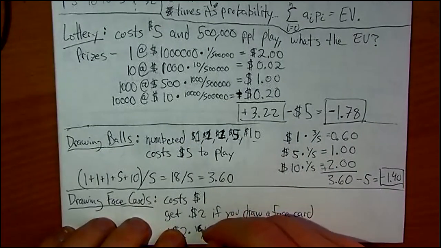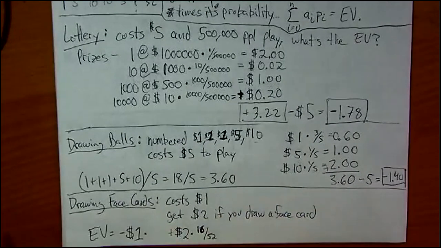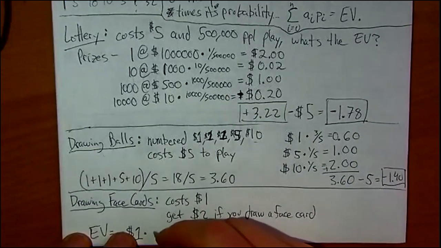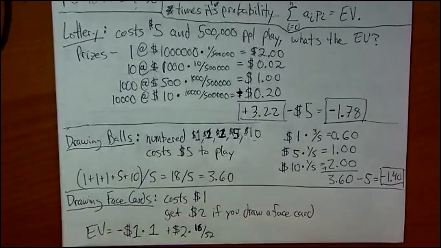I don't know. Are aces counted as face cards? I always thought they were. Right, they are. Okay. So what's the probability that you have to pay $1 to play? 1, right? 100%. So I have 2 times 16 over 52 minus 1.